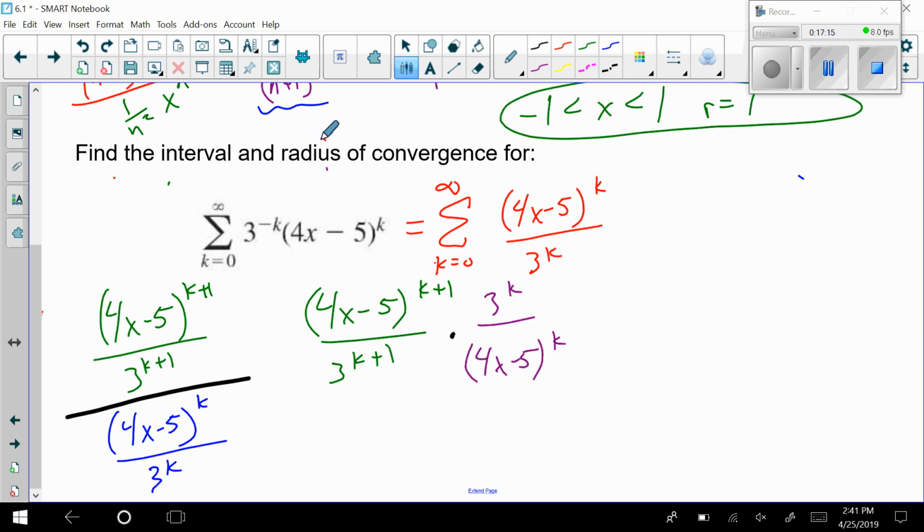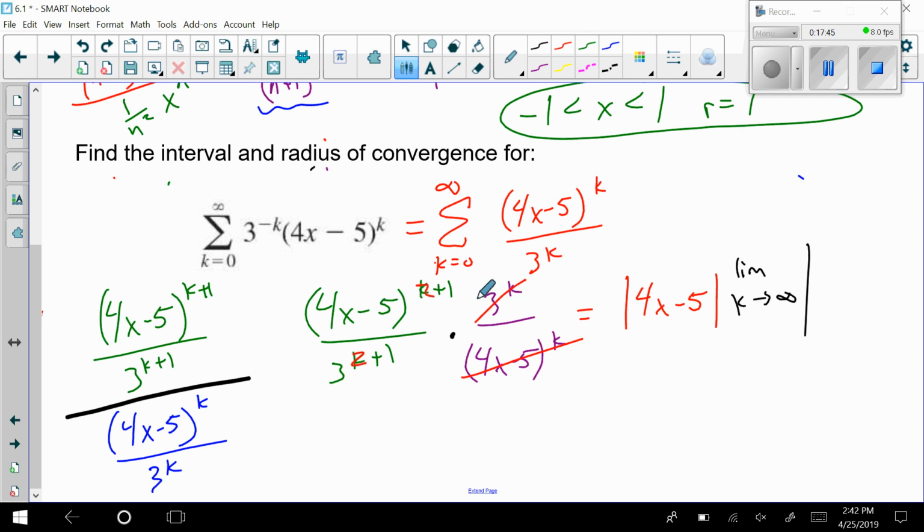Okay, this 3^k is going to go with this one, and all of this goes with this one. This has x's in it, so I might as well just pull that out now. That's the absolute value of 4x minus 5, and then I have the limit as k goes to infinity of the absolute value of, well, if I pulled that out, what's left?